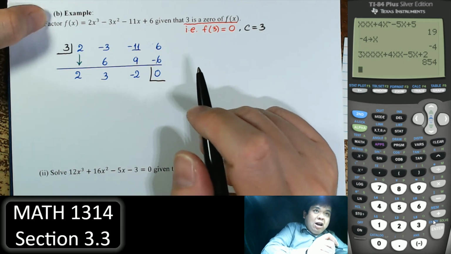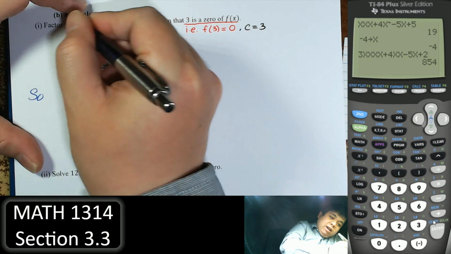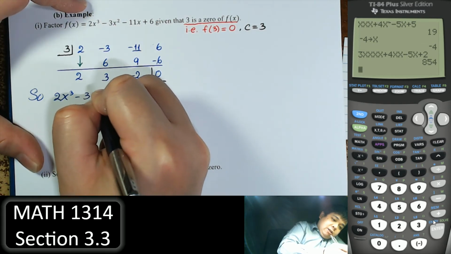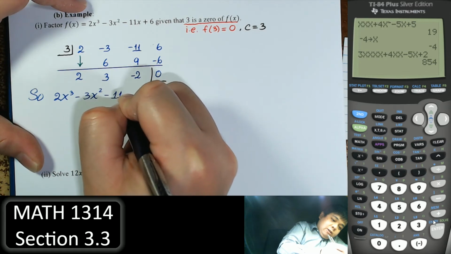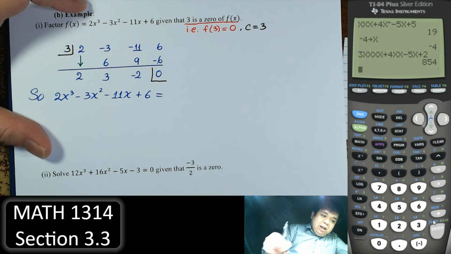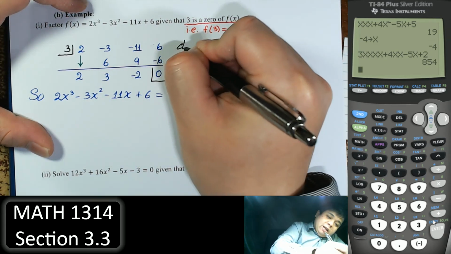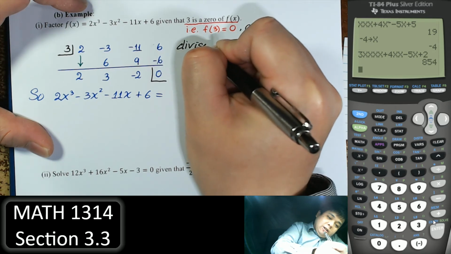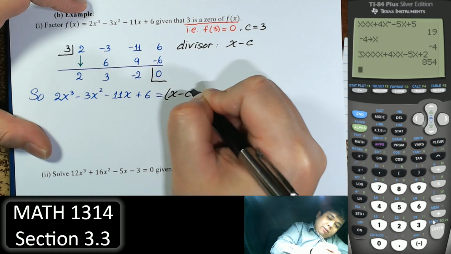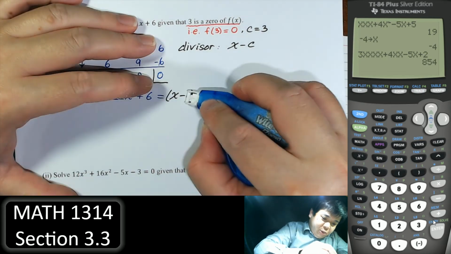This one we want to factor, right? So in that case, let's write out the dividend equal to the divisor. Since c is equal to 3, the divisor is x minus c, which is x minus 3.